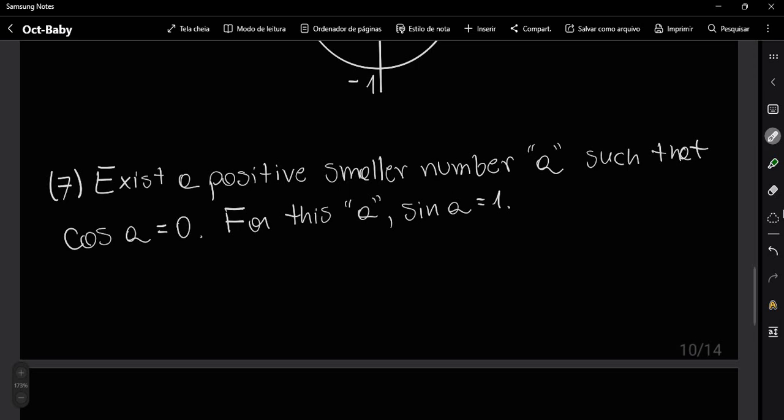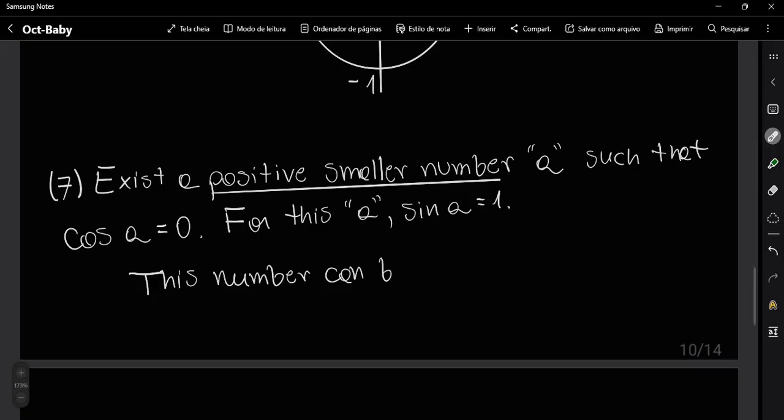And this positive smaller number can be used to define the number P.